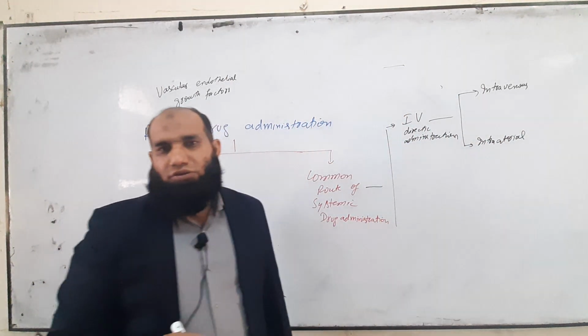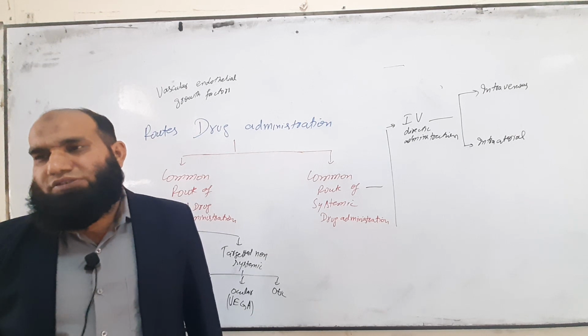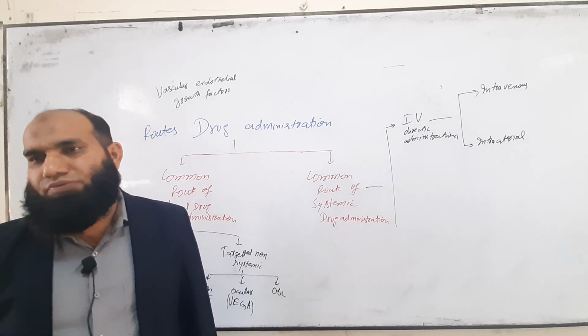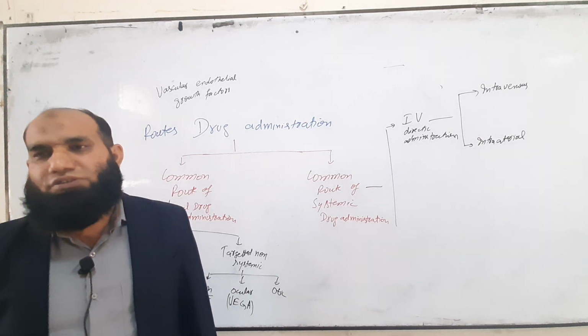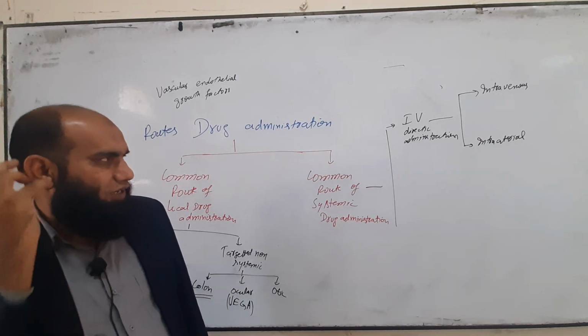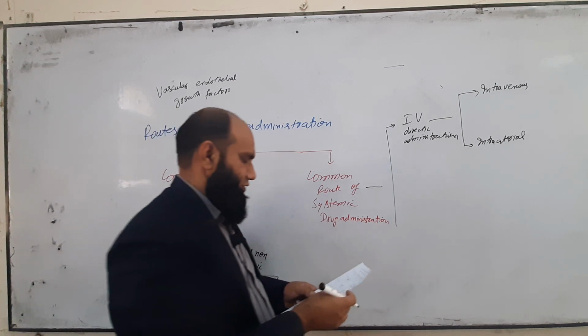Intra-arterial is a less common example, but some anti-cancer drugs can be introduced through intra-arterial passages, but intravenous injections are our most common. These are basically examples of IV direct administration.